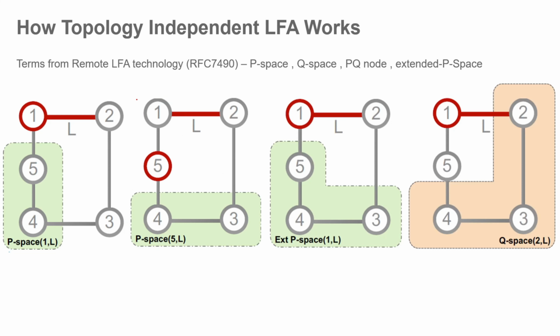Q space. Q space will always be for the merge point or for the destination. So it is always the same as what we discussed in the case of P space. It is the space for router 2 where it can reach without going over the protected path.